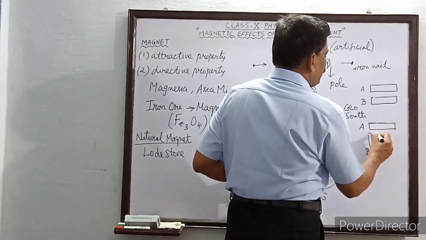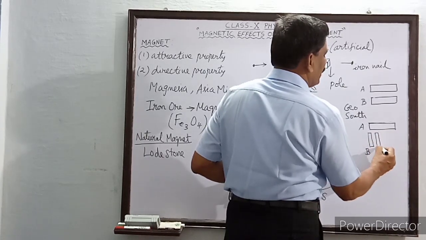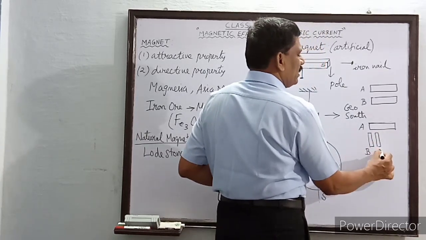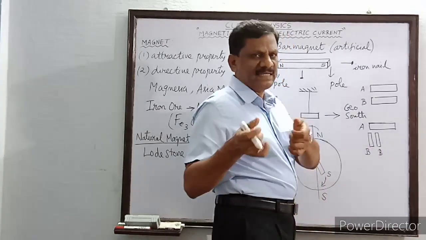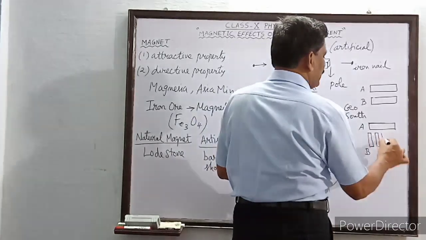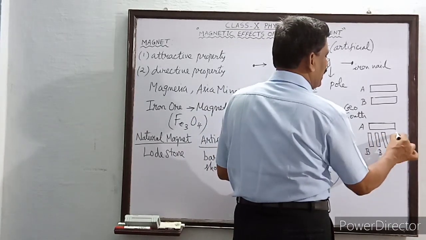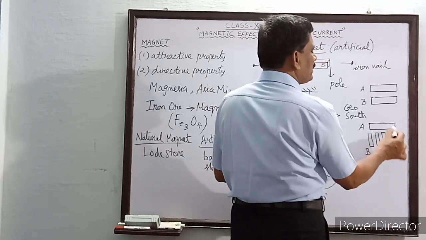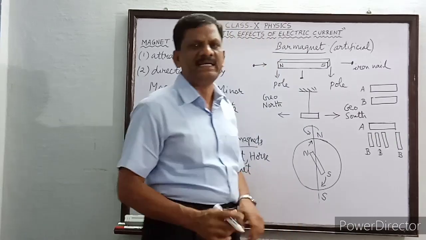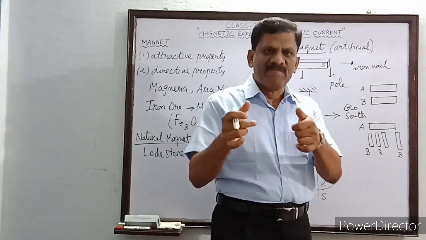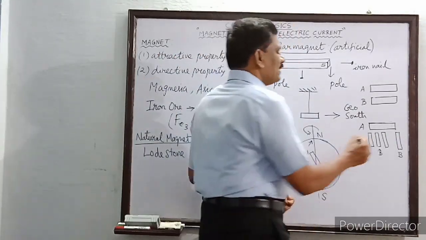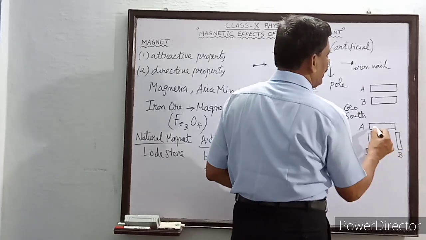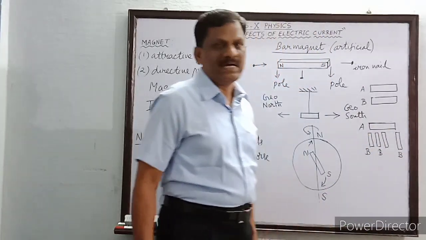If it is brought to some other position, here also it experiences the same attractive force. When it is kept at the center or shifted to the other end, if the force of attraction between A and B is the same, then B is a magnet and A is an iron bar.